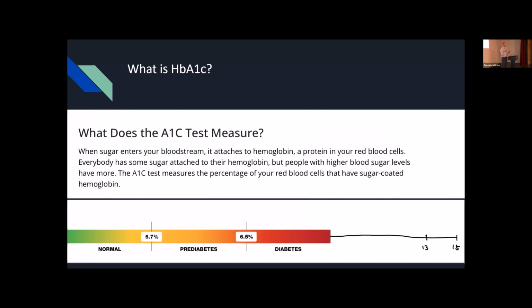Normally, our A1C is below 5.7%. In pre-diabetics, it's between 5.7 and 6.4%, and for diabetics, it's above 6.5. A1C is the most common diagnostic measurement for diagnosing diabetes, and they need a reading above 6.5 on 2 separate occasions. Next slide, please.